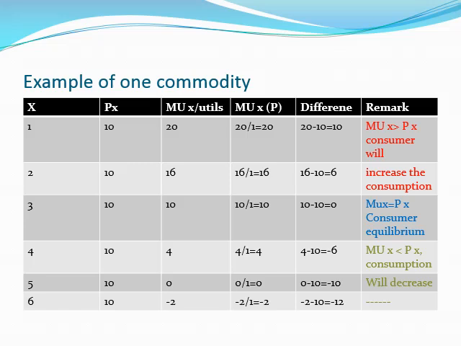When MUX is less than PX, consumption will decrease. And the last is negative 12, and that is the end of the process of consumption.